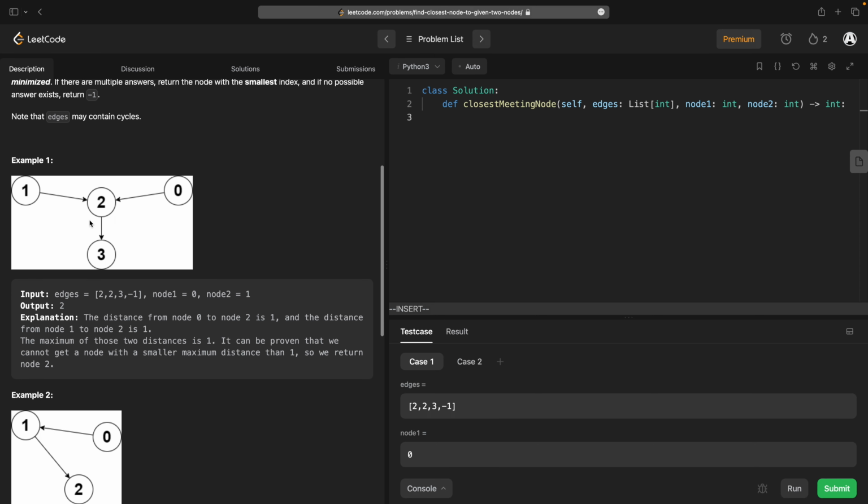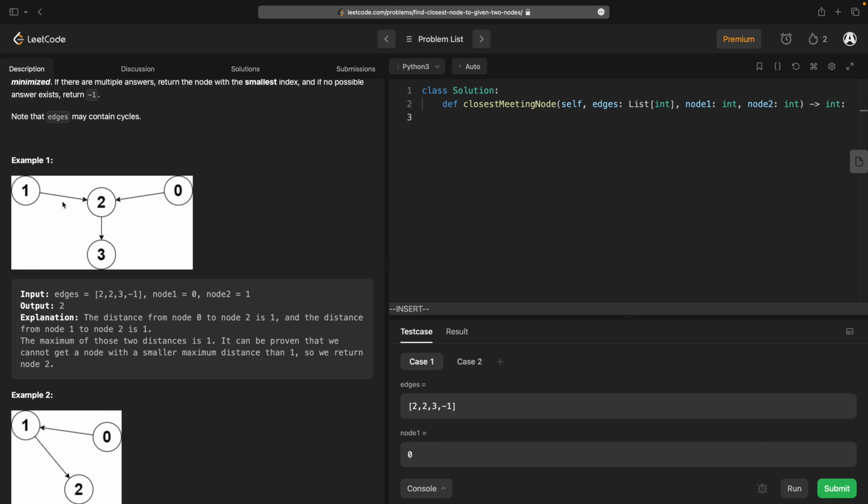For example, if we were to walk from here, meeting the nodes in order, and we were to walk from here, meeting all the nodes in order, the first node that they have in common is the answer. And if they have no nodes in common, then the answer is -1.